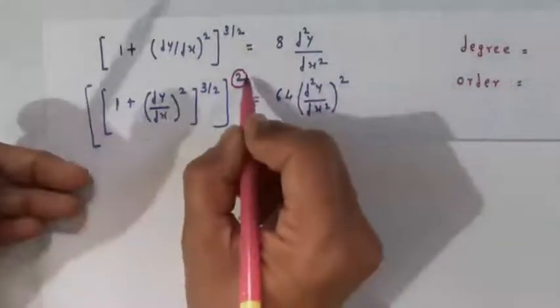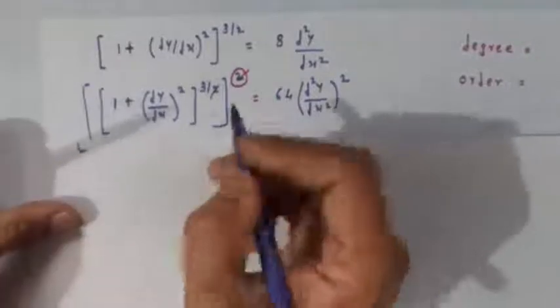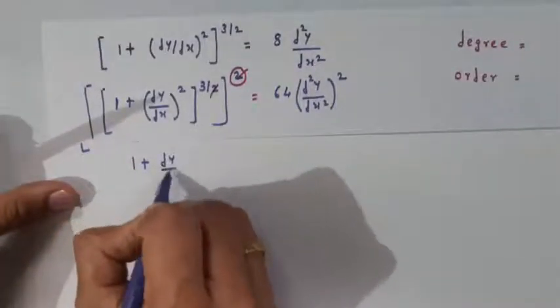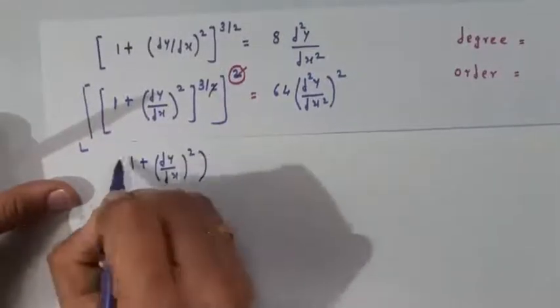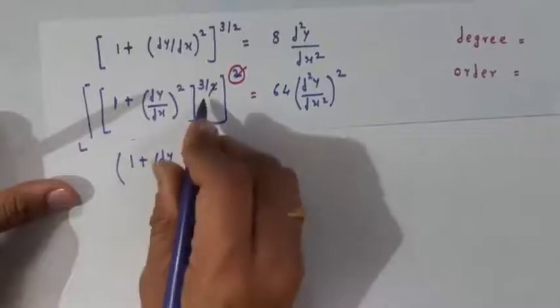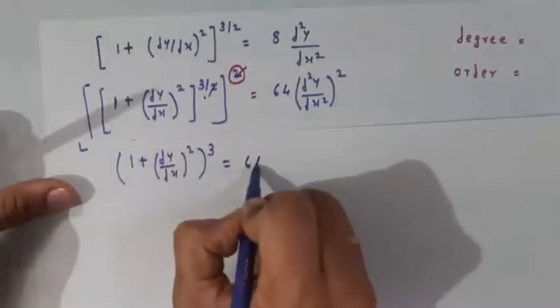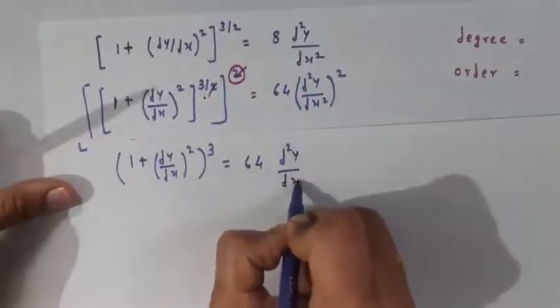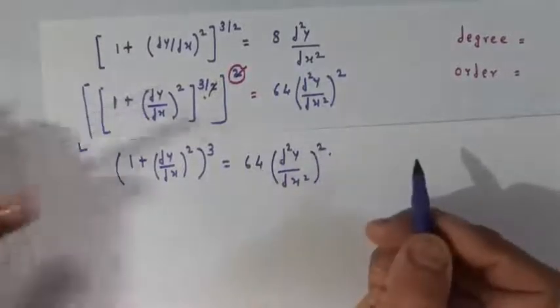So students, the 2 and the 3/2, the 2 in the denominator gets cancelled, and now we have (1 + (dy/dx)^2) raised to 3, equal to 64 into (d2y/dx square) raised to 2.